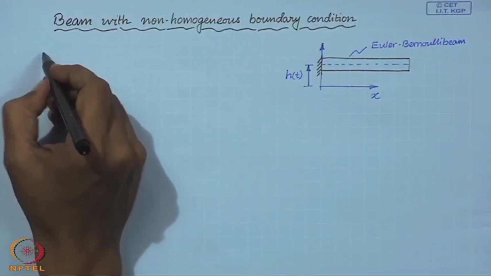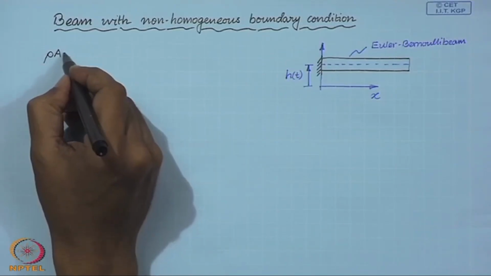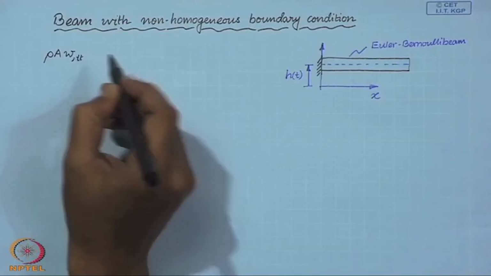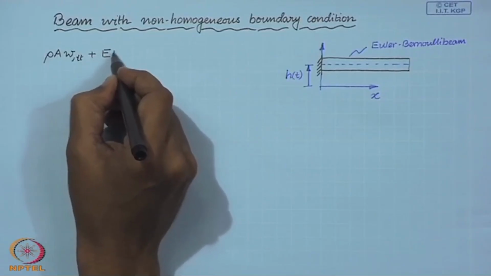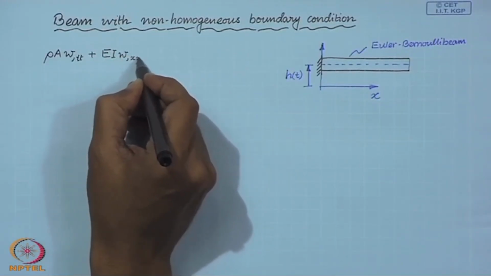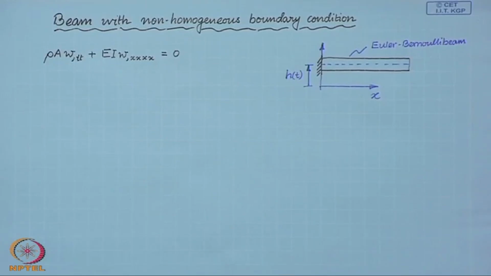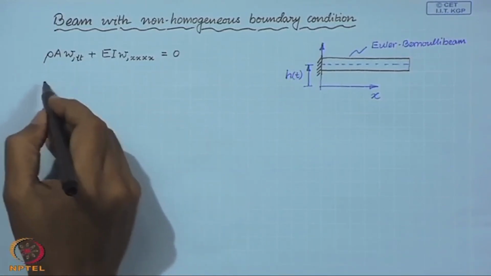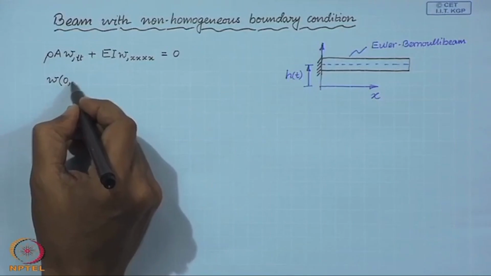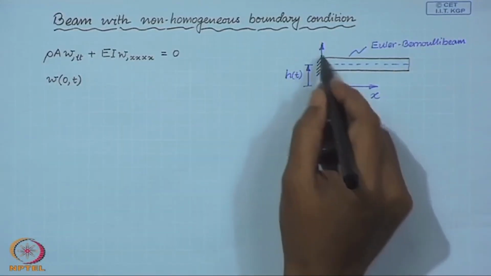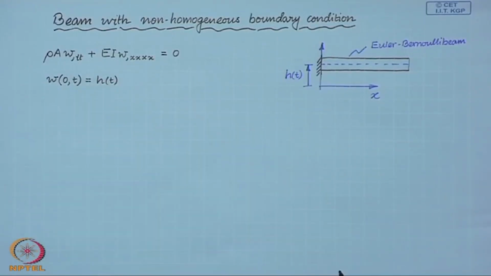So, the equation of motion is given by this, and the boundary conditions: so the displacement of this boundary, suppose, is given by this function h of t.